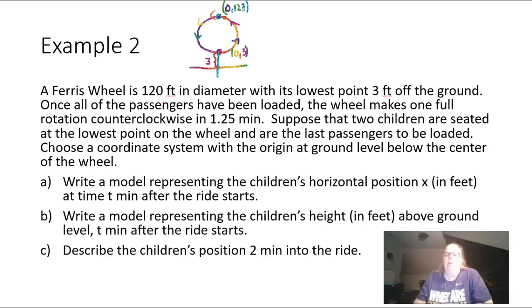Now, if we consider the graph of a sine function and the graph of a cosine function, this is best modeled by the sine function when we're trying to find the horizontal position.